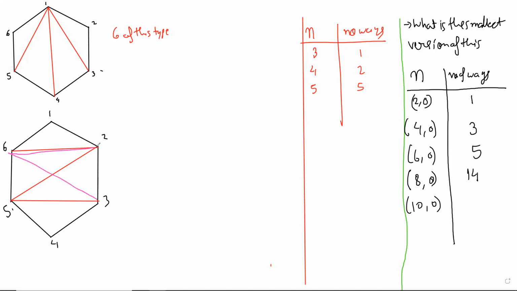You mean like this? Yeah, like this maybe. Yeah. So that will also give you 6 because there are 3 pairs of opposite sides, right?